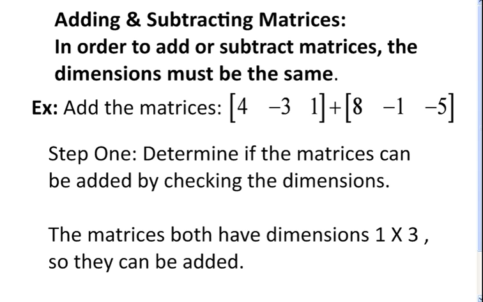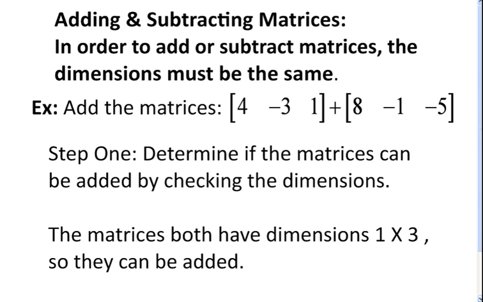All right, so adding and subtracting matrices. In order to add or subtract matrices, the dimensions must be the same. So we're adding the matrices 4, -3, and 1, plus 8, -1, and -5.